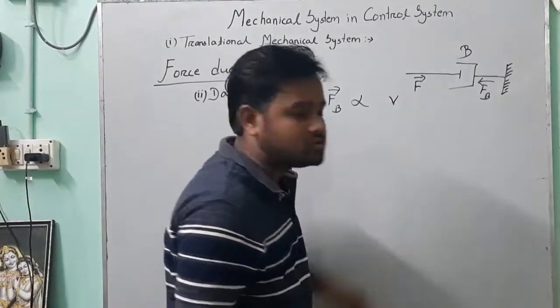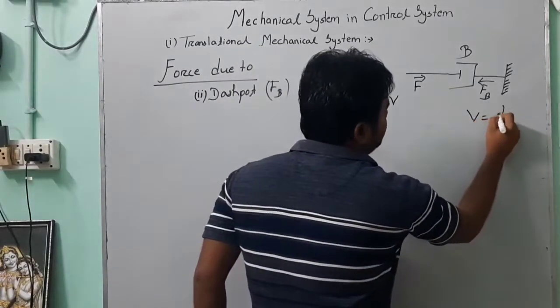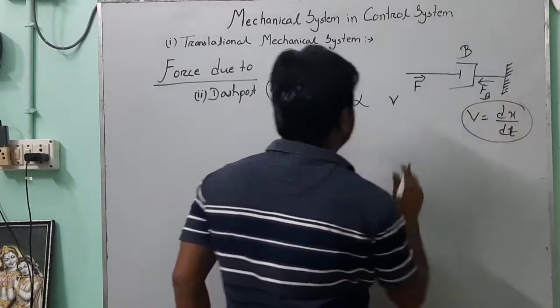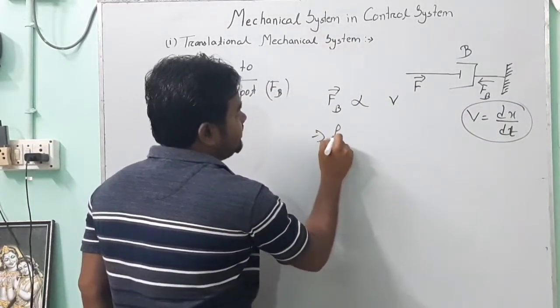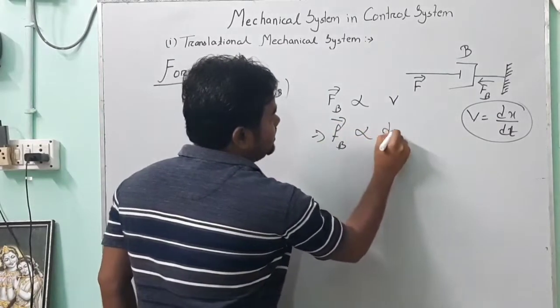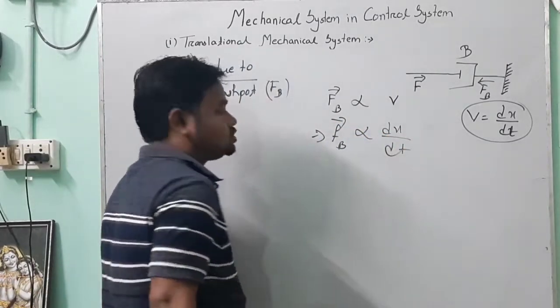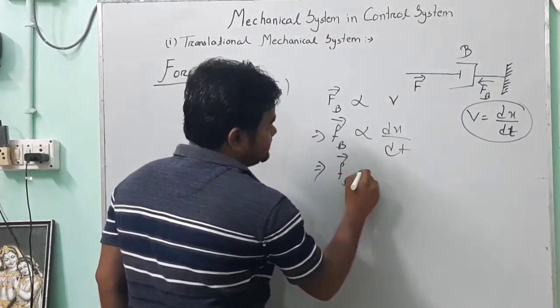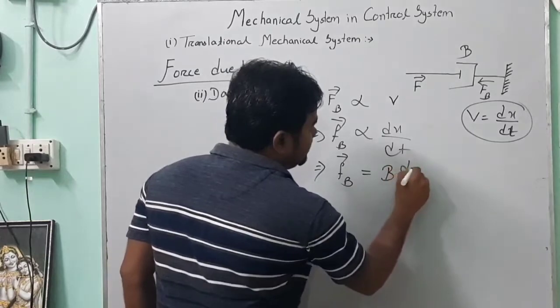We know that velocity is the rate of change of displacement, dx by dt. So Fb is proportional to dx by dt. To make it a constant, Fb is equal to b into dx by dt.